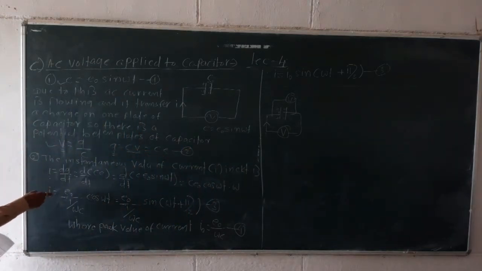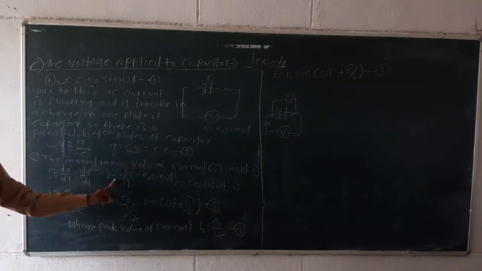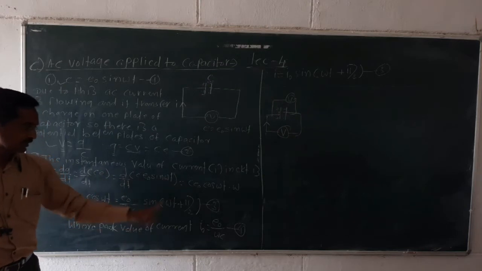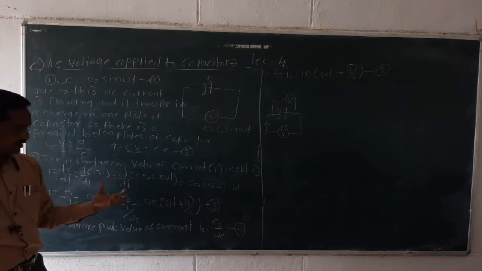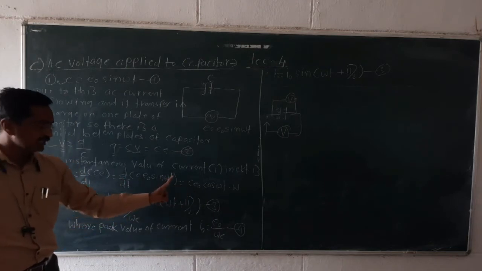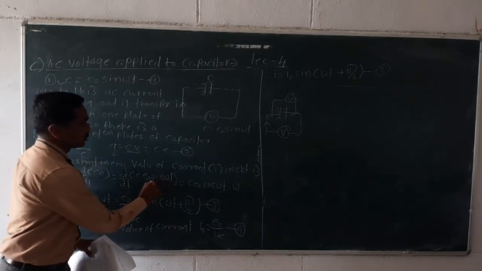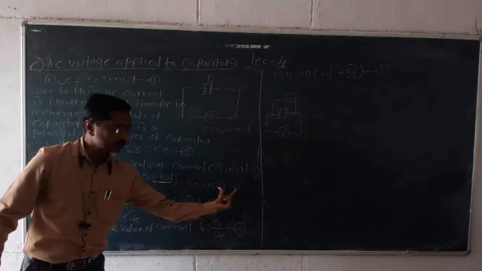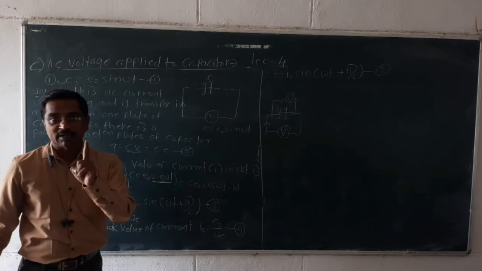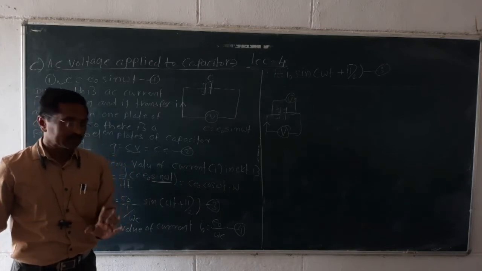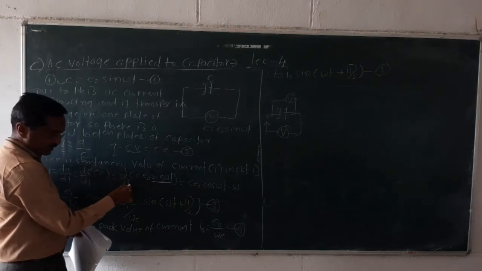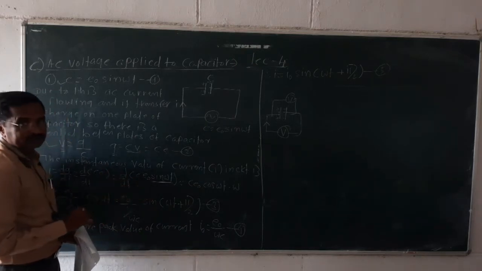So the value of current, I is equal to the rate of flow of charge, dq upon dt, that is equal to, put the value of q, d by dt of C E, C as it is, put the value of E from equation 1, E0 sin omega t, that is equal to C and E0 both are constant. So take them outside, and the derivative of sin omega t is nothing but cos omega t into omega. You need to know the derivative of sin omega t is cos omega t into omega; you have done all this in mathematics. Here it is not necessary to explain how it comes. Okay.